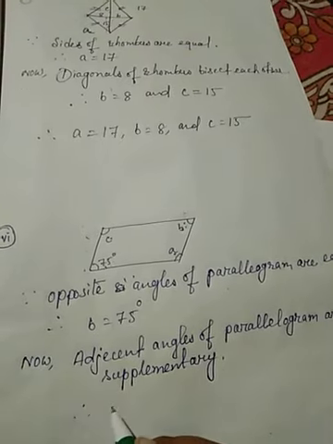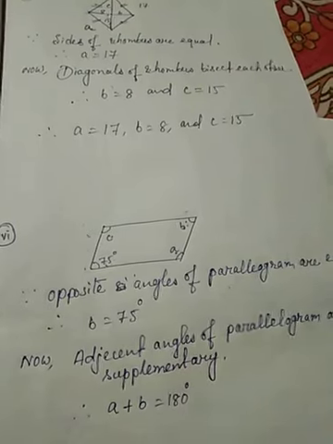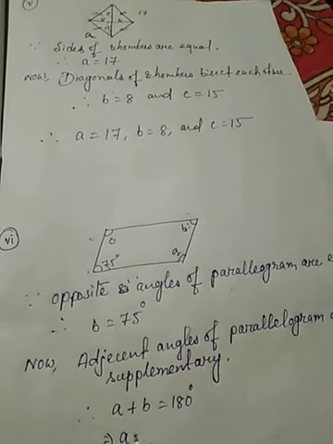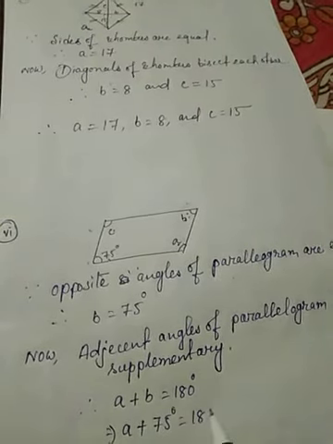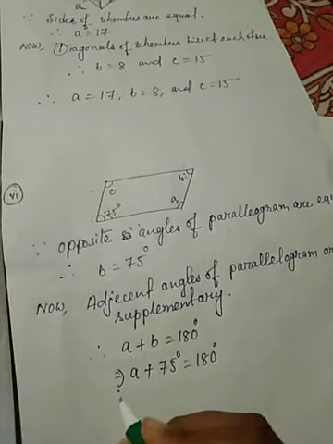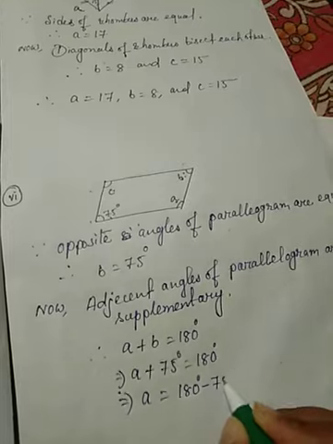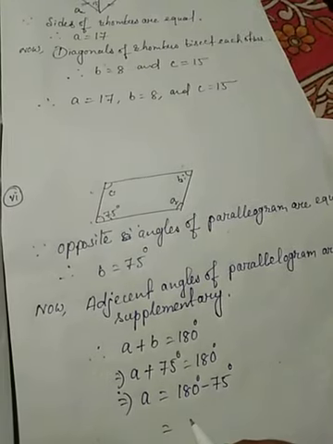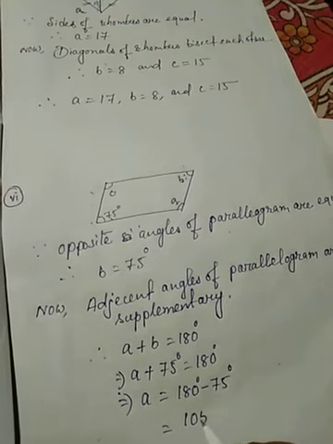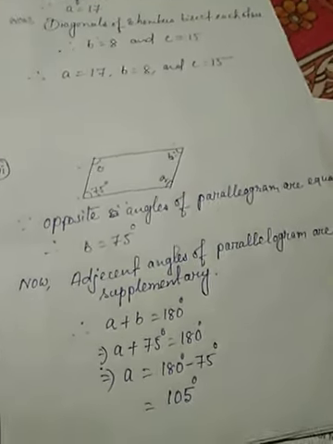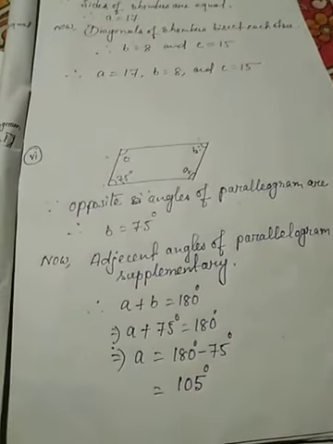Therefore a plus b equal to 180 degree. Now I put the value of b here. B is 75 degree, therefore a plus 75 equal to 180 degree. Now a equal to 180 degree minus 75 degree. Therefore value of a is 180 minus 75, 105 degree. Here the value of a is 105.